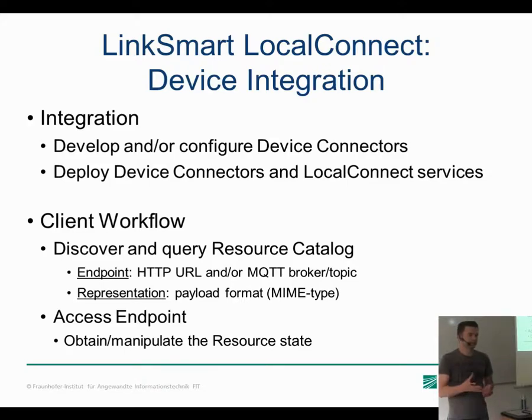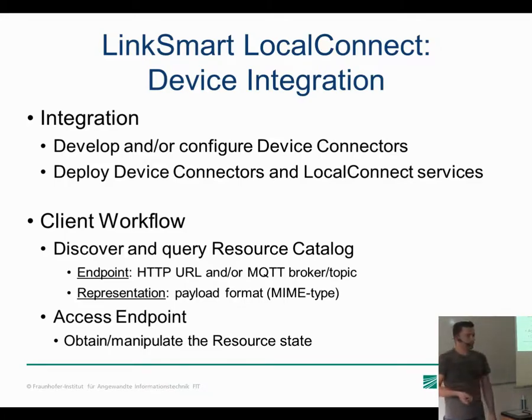So once they have the resource catalog API, they can query it for the information on specific devices or resources that they are looking for. And based on this, the resource catalog provides them information about the endpoints, which are the device connector API exposing the actual device and resources behind them. It can be an HTTP URL, it can be an MQTT topic and the broker address where an application can get the sensor data stream.